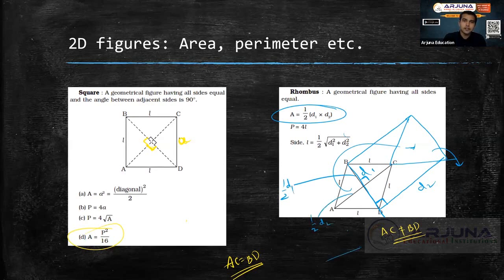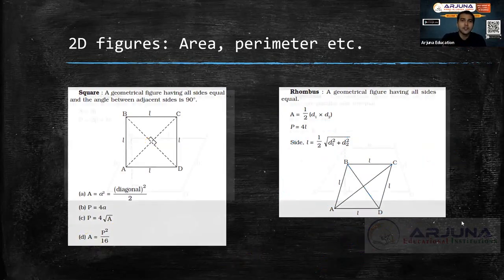And you have a triangle, with the side as L, and this is a 90-degree right angle triangle. Because it is a right angle triangle, I can apply the Pythagoras theorem. From that I will get the length here. Okay, if you know the diagonals of the rhombus, you can find everything else. So what is important for rhombus is diagonals. Okay, we'll go to the next one.